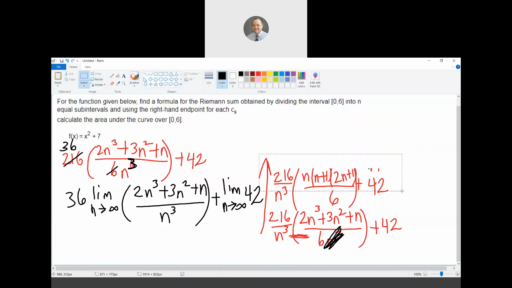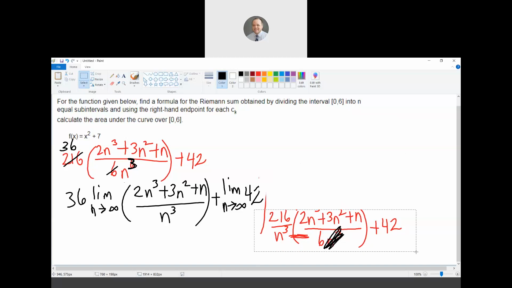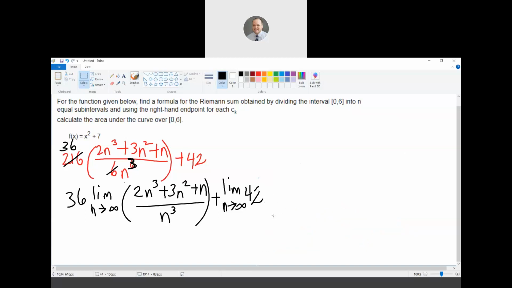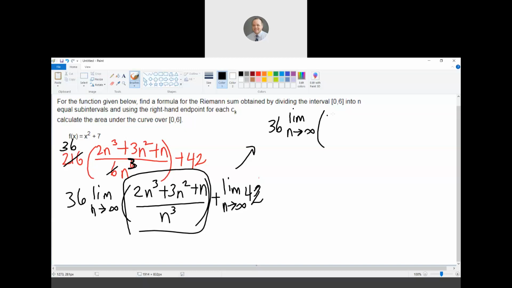Now, because our fraction is just one fraction with a common denominator, we can split it into 3 separate fractions. So we got 36 on the outside, limit as n approaches infinity of 2n cubed over n cubed plus 3n squared over n cubed plus n to the first power over n cubed.